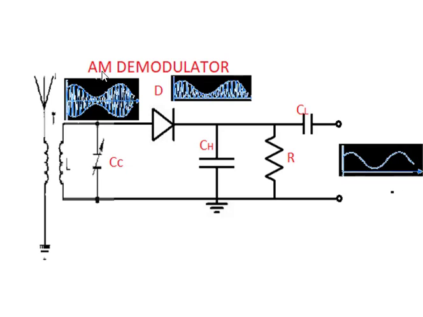If the amplitude of the carrier wave varies with respect to the amplitude of the modulating signal, this type of modulation is known as amplitude modulation. So here the message is separated from the amplitude modulated wave.